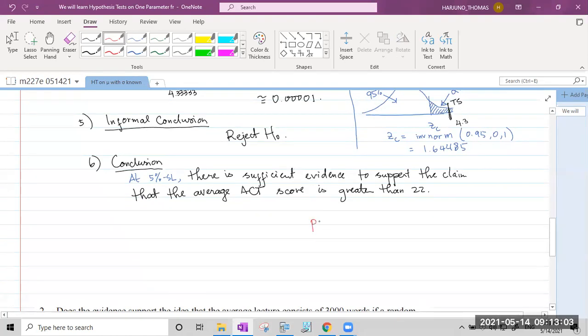The p-value method does this from the test statistic. From the test statistic, we find the tail area, which is the p-value, and then compare with alpha.